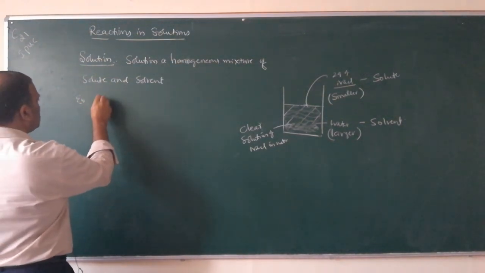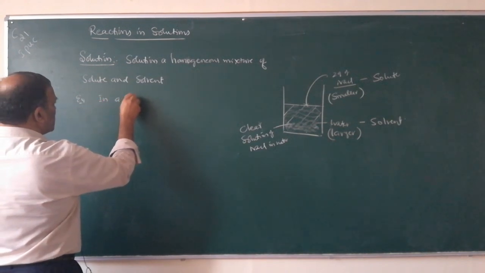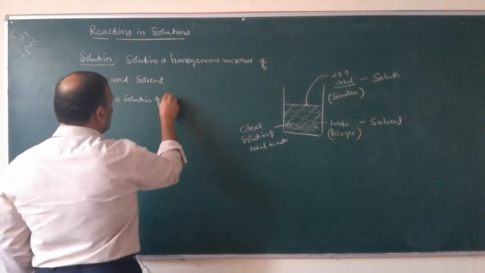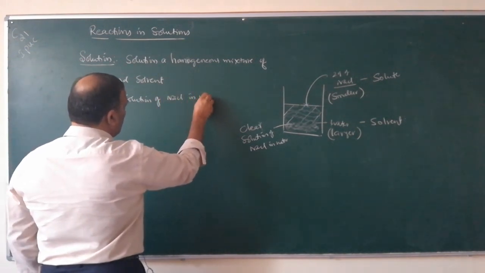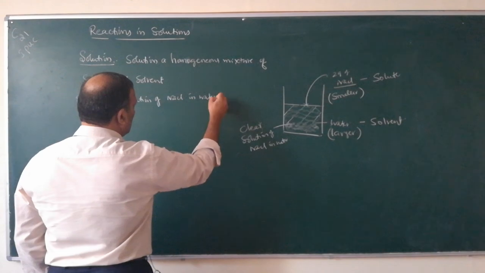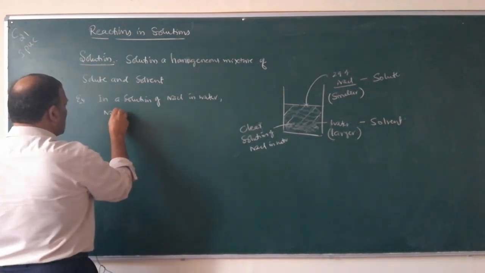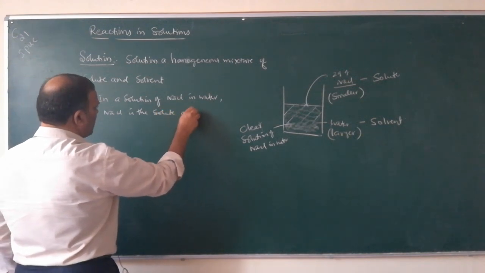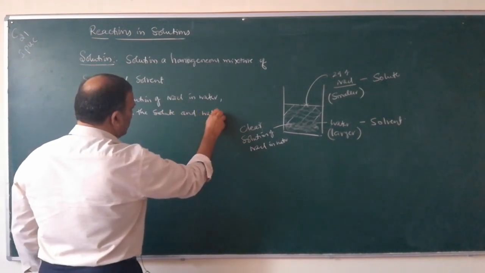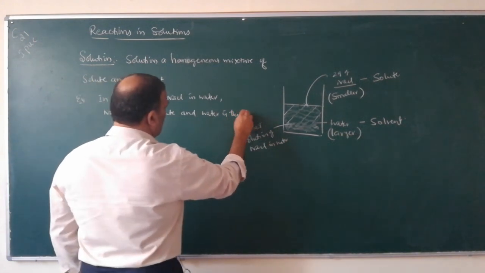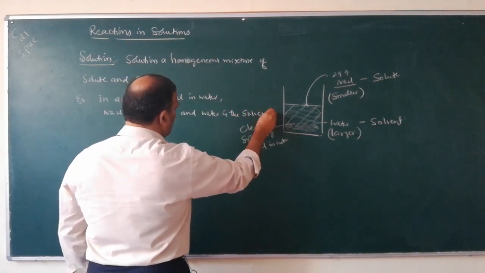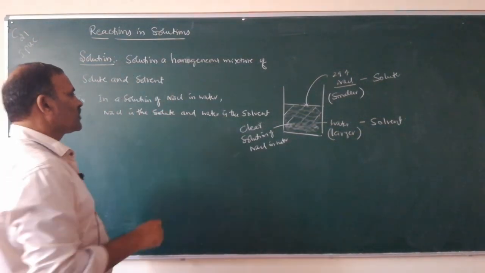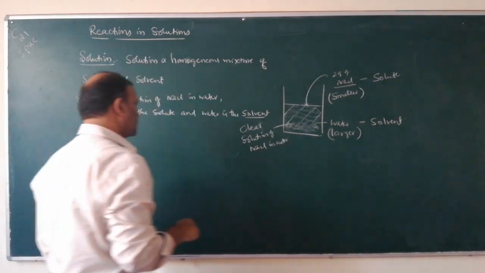Example: in a solution of NaCl in water, NaCl is the solute and water is the solvent. The substance which is present in larger proportion is called the solvent.